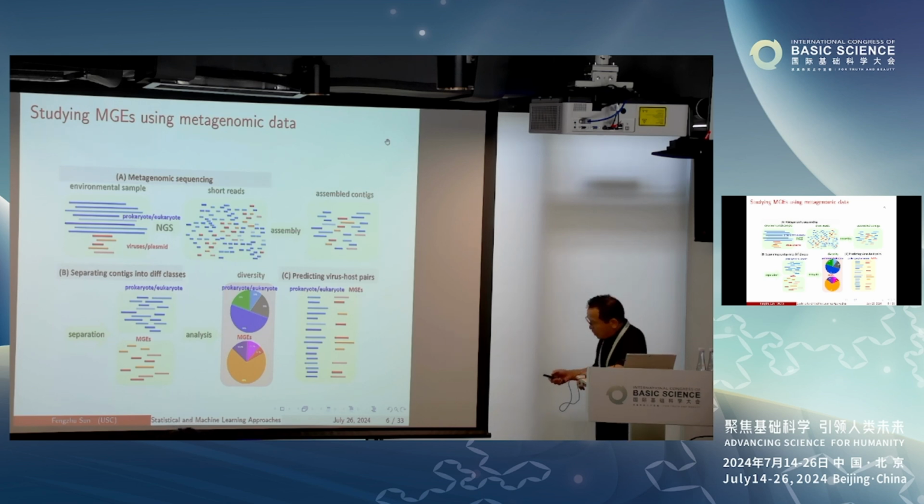Then we study the abundance, and we have some of these mobile genetic elements, and once we identify them, we also try to link the longer prokaryotes and eukaryotes with those mobile genetic elements, so who is linked with whom can affect them.